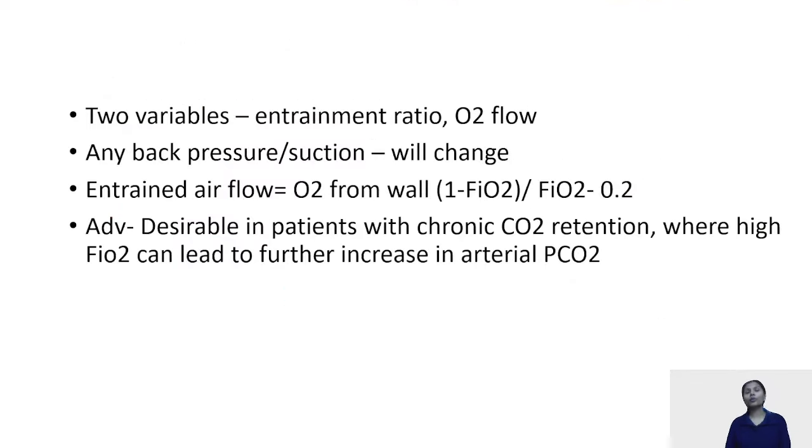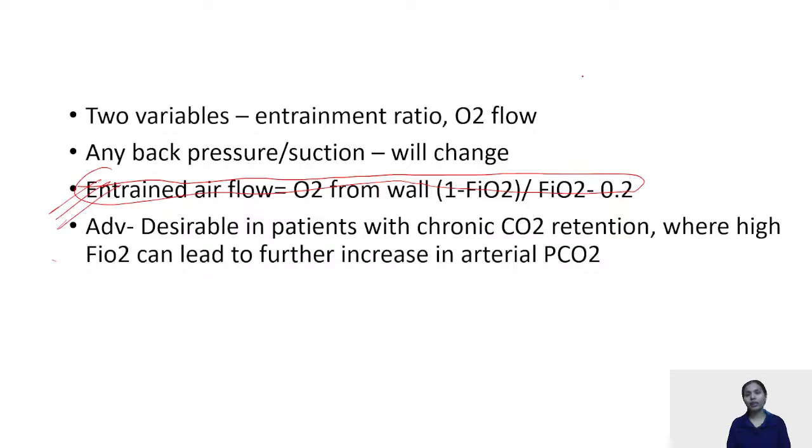When we talk about the Venturi mask, how much FiO2 will be delivered depends upon the entrainment ratio and the oxygen flow. There is one formula that you all have to learn, because this numerical comes: how much fresh gas flow will be given to the patient in order to maintain such a FiO2 via your Venturi mask.